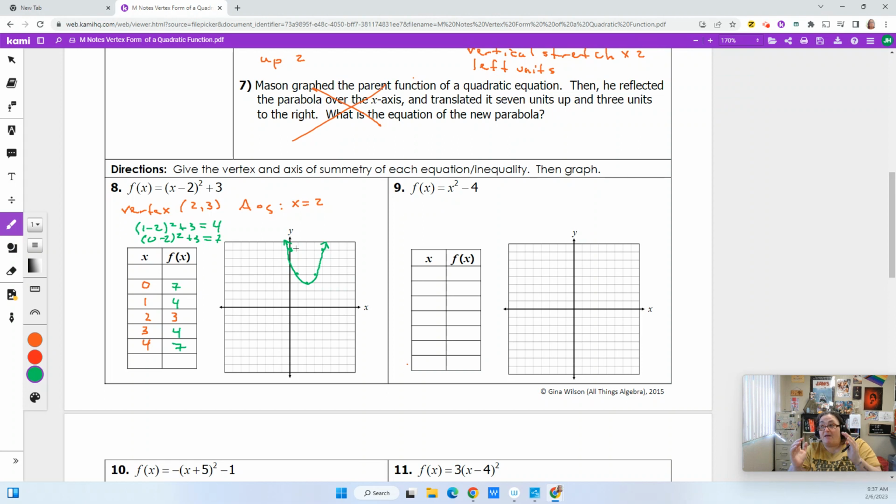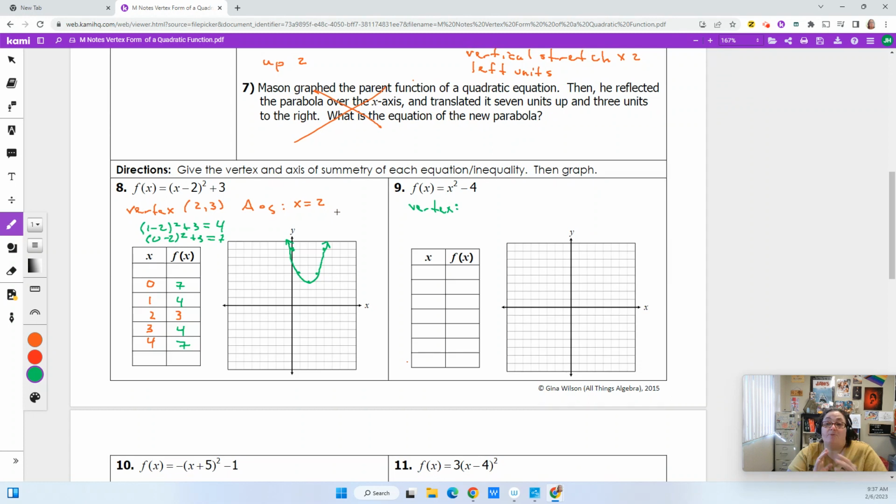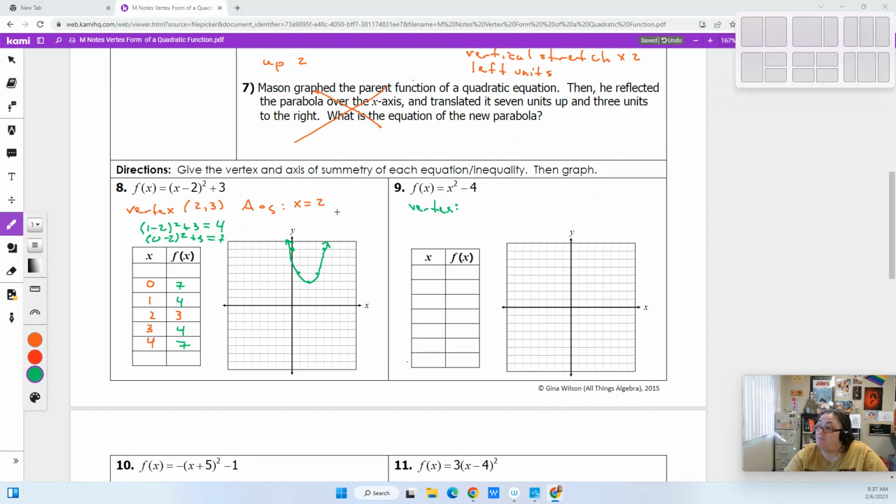If I don't have that parentheses, if we look at number 9, this is still in vertex form. It's just nothing's going on with that x value. So there's no need to have anything in parentheses. So if we were looking for the vertex on a problem like this, and we don't have that parentheses, it just means that that x value of our vertex is 0.